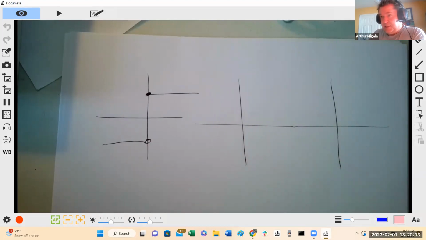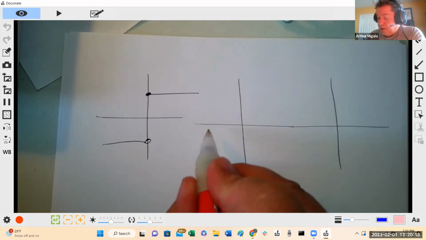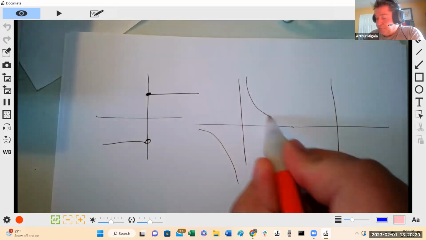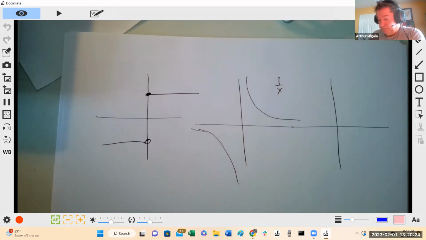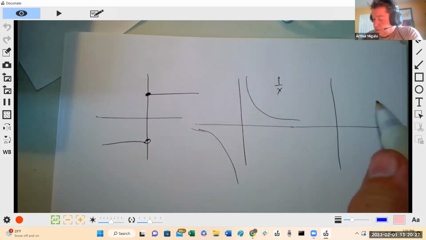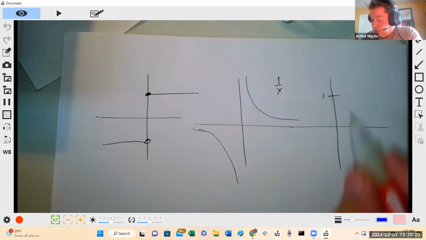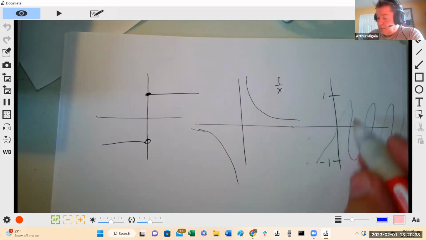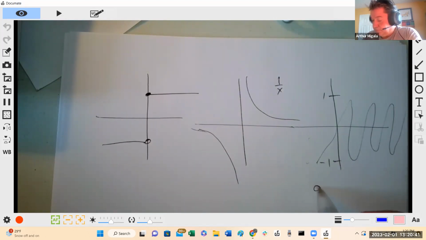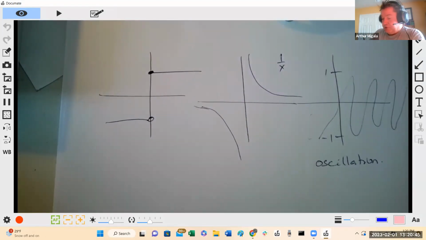Jump functions, discontinuous functions like this, or rational functions like 1 over x, or what you call oscillation functions.